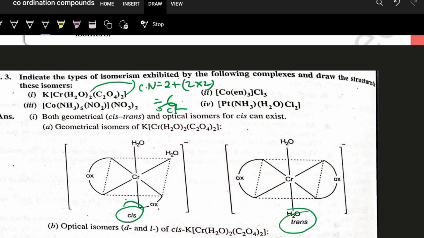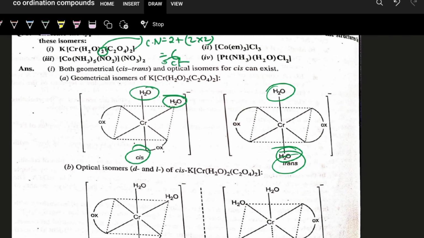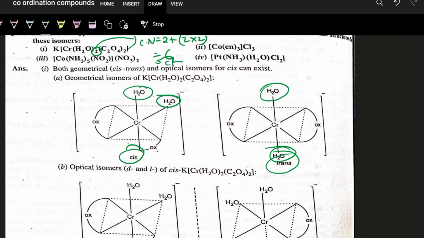Keep in mind the ligand which is less in number: try to locate it in adjacent positions for cis, and in anti positions for trans, in order to draw it properly. The next is, it will show optical isomers here. Which one? The cis form. The cis form will show the optical isomers.